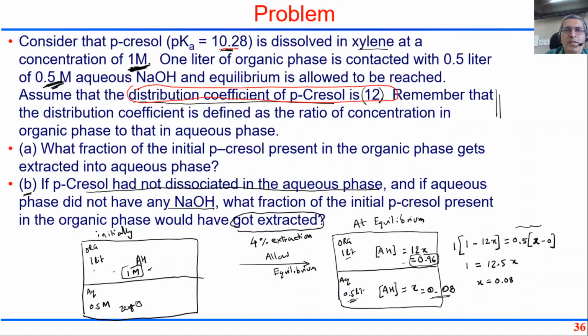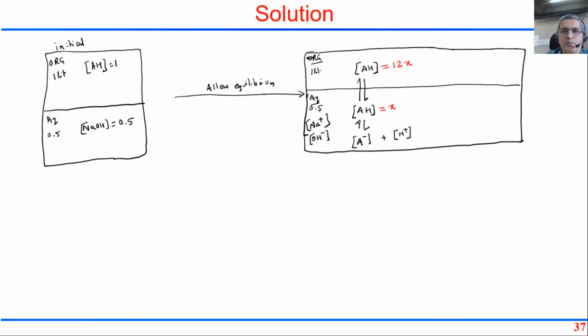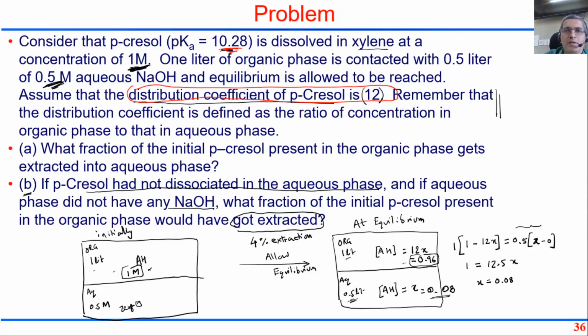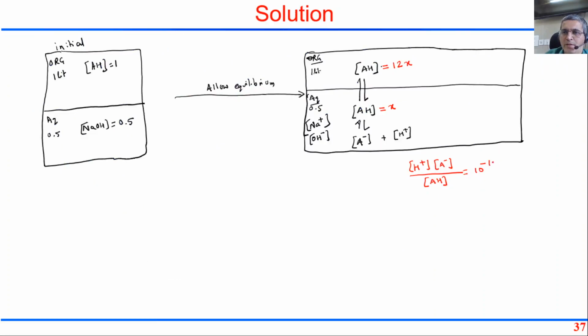Also, we know that pKa is 10.28. What does that mean? That means H plus times A minus divided by AH is 10 raised to minus 10.28.